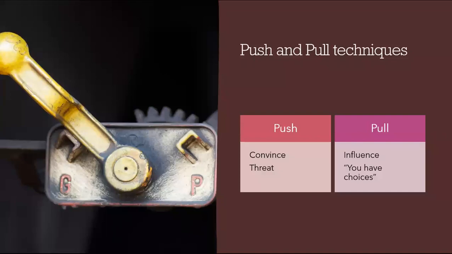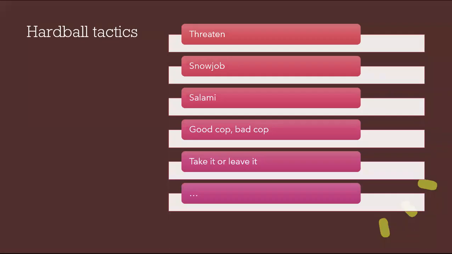Regarding push techniques, we have hardcore tactics like using threats, good cop bad cop, take it or leave it, and snow job. There are some techniques you may not see in the book, like snow job. Snow job is to bombard the other party with a lot of information and force them to be confused.